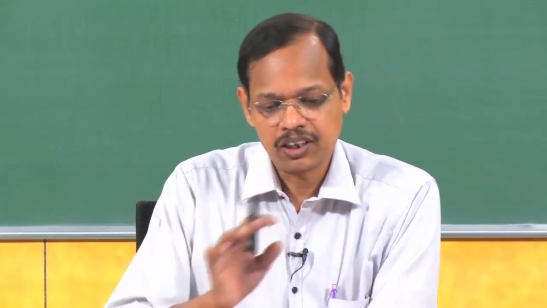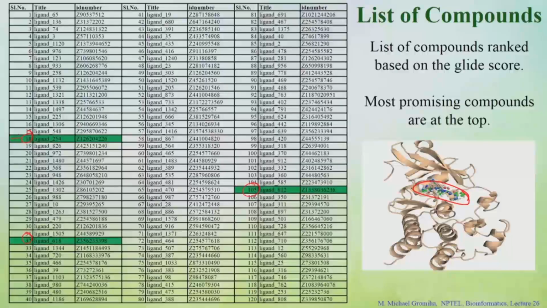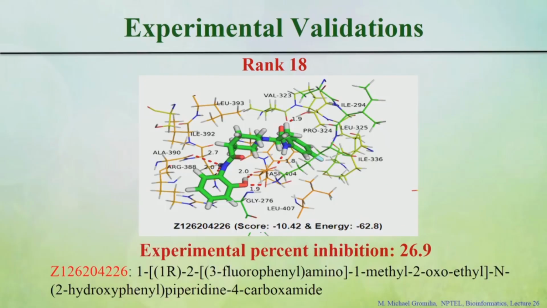Among these we can see the 3 compounds which are in the list of the top 120. Now we will see how they interact and how they could be a potential lead compound. Take the one ranked 18. This showed an inhibition rate of 26.9. We have the Glide score of minus 10.42 and the energy of minus 62.8. So, what is the difference between score and energy?